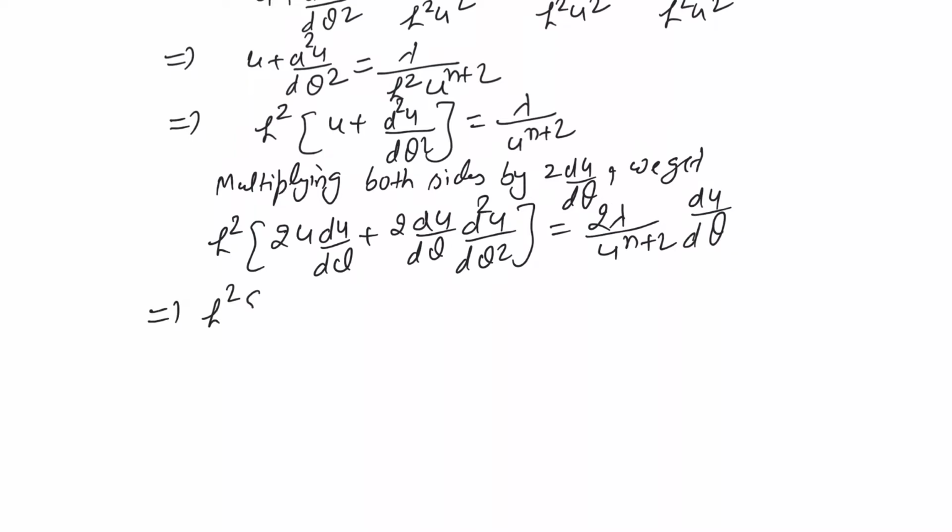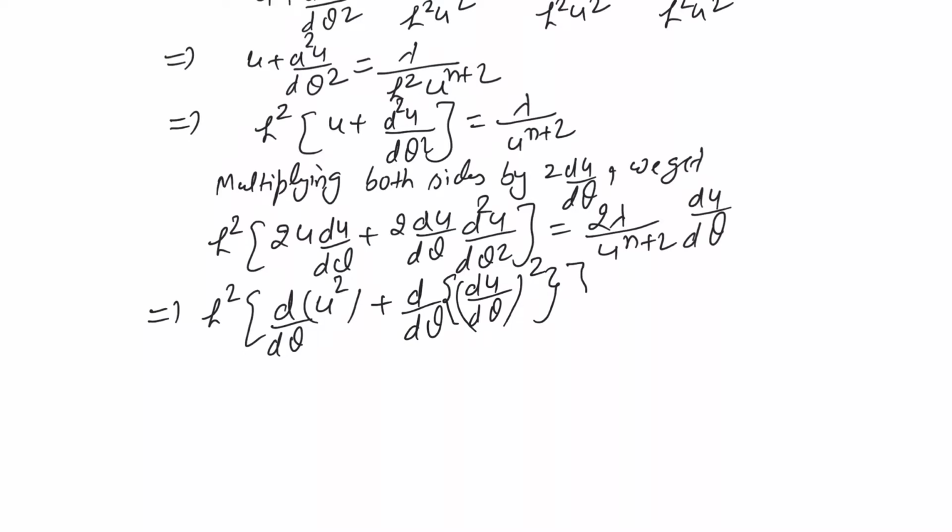This can be written as d/dθ of u², because its differentiation will be the same, 2 will be here, u and du/dθ. And this can be written as d/dθ of du/dθ whole square, and the square bracket is closed. This is 2 lambda u raised to the power n plus 2 du/dθ.